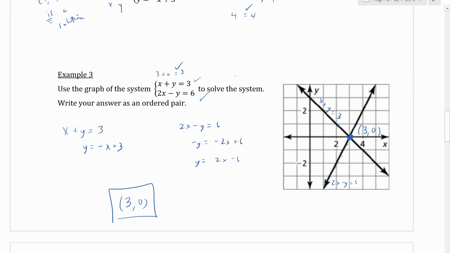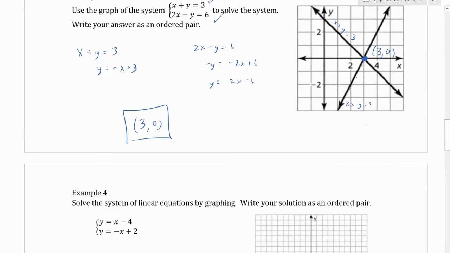It sure does. If I do 2 times x minus y, does it equal 6? It sure does. So graphically, we can come up with the solution without having to do any algebra. It's like, oh, there's the one point that lies on both lines. That means it's the one ordered pair that makes both those equations true.